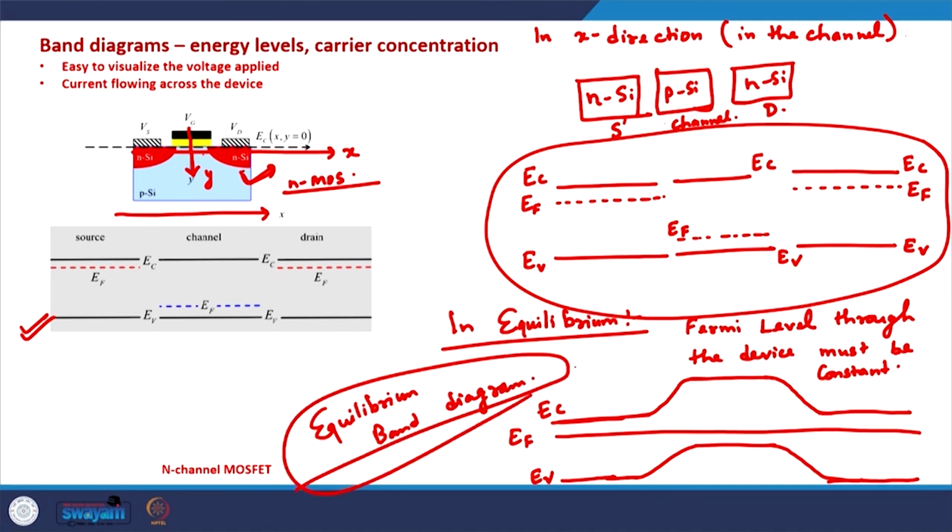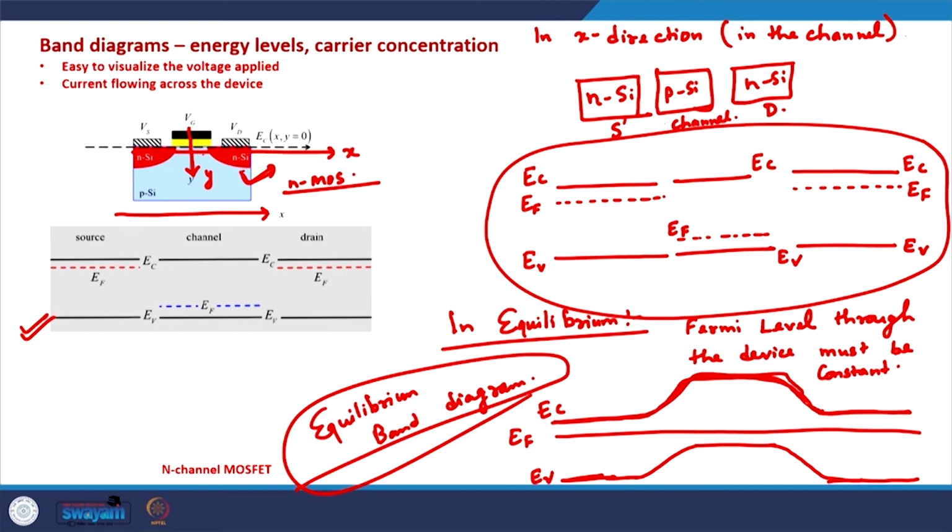And it is an interesting band diagram actually, because this explains a lot of things about the MOSFETs. As you can see in this band diagram, we have the conduction band edge here on the source side, on the drain side also here. In between, the conduction band edge is slightly elevated.